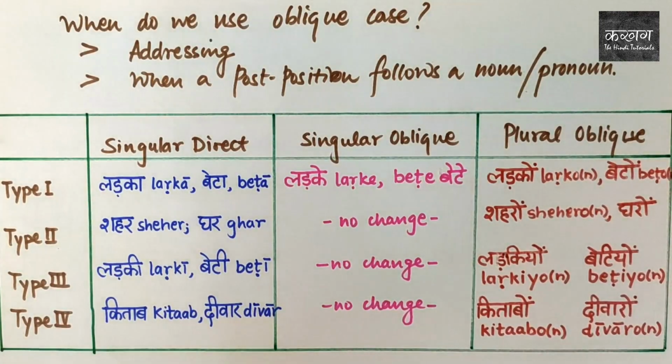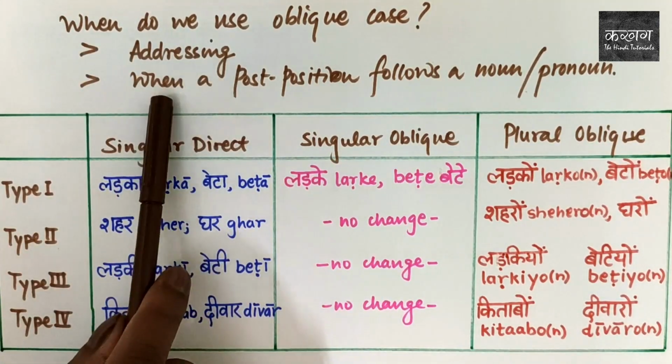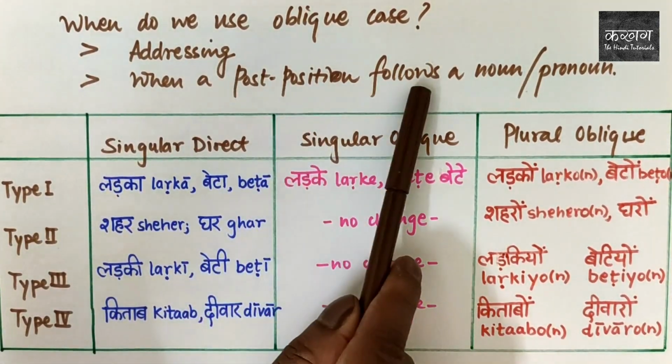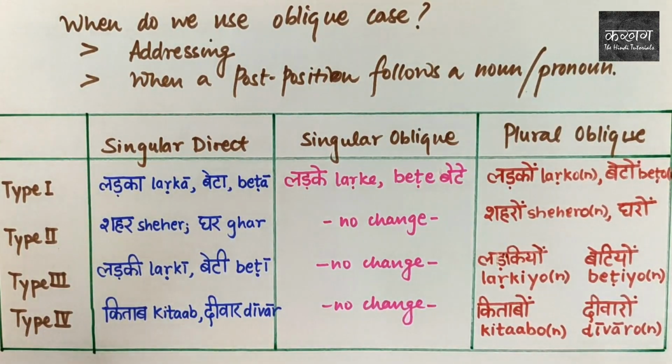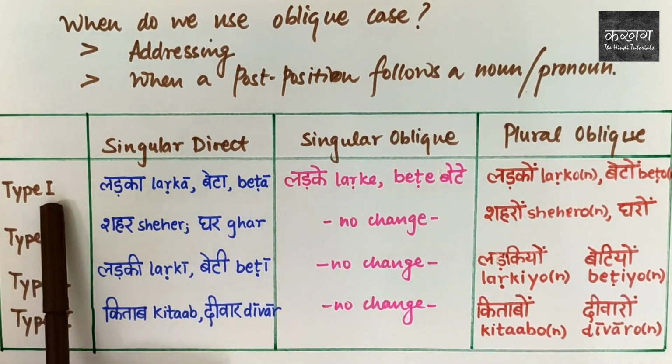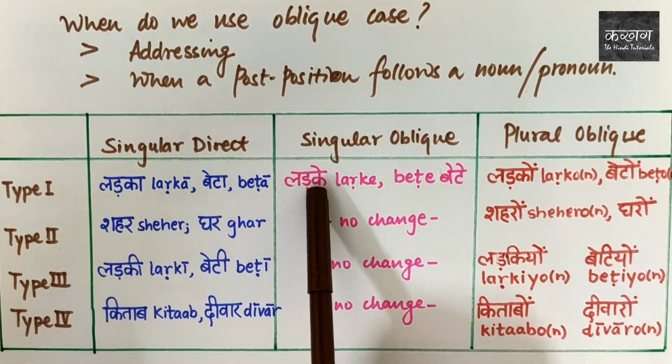Now, summarizing once again. We use oblique case in two situations: when we address someone and when a post position follows the noun. And what are the oblique forms? For type 1 words, that is masculine words ending with a, the a sound is replaced with the e sound.